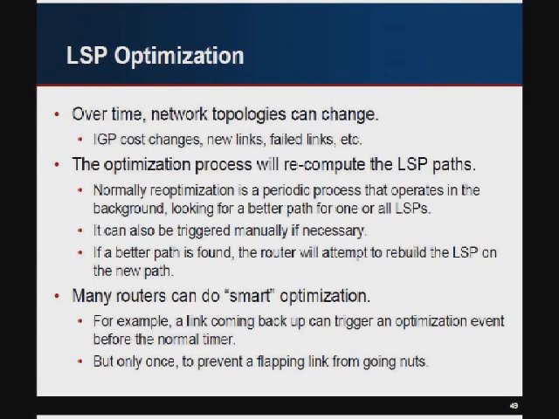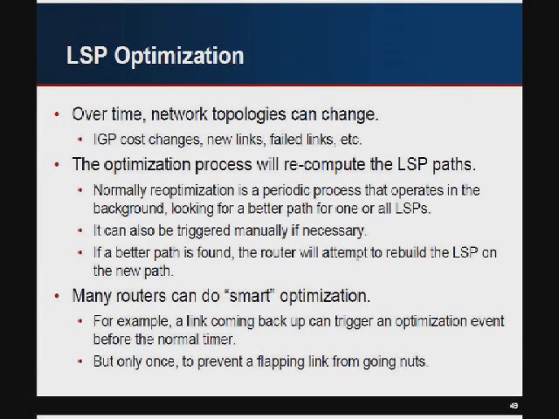Normally this is kind of a background process, so you might configure it to go off like every hour or every 30 minutes, whatever you choose. And it looks to see, is there anything that I can do to move this LSP to a better path within a certain definition of better. And so if it's going to move it just a little bit better but not enough, it may not move it at all. But if it finds a much better path, much lower latency, where there's much more available bandwidth, et cetera, it's going to try to move the LSP to a better path.